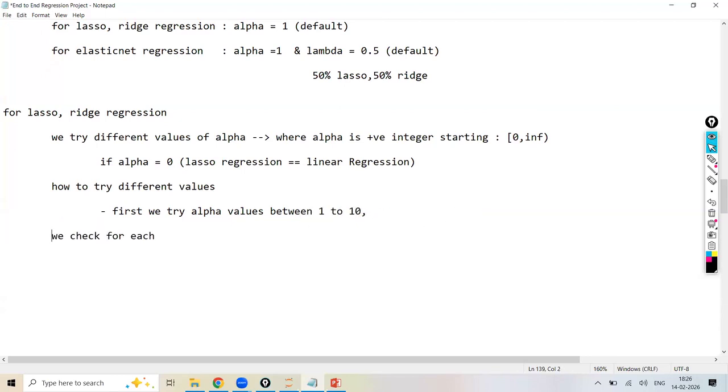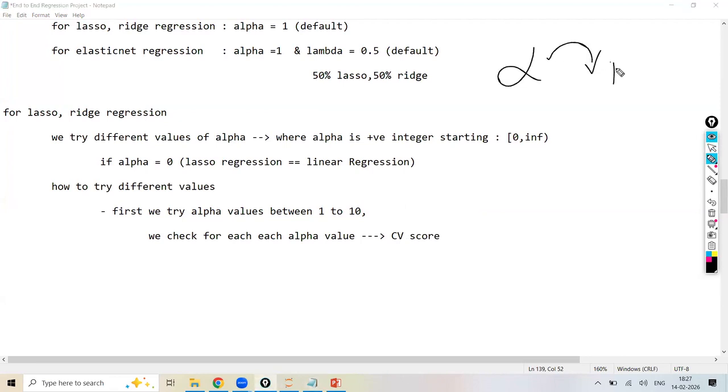After trying them from 1 to 10, we check for each alpha value what the CV score is. So based on the alpha, what changes? Beta 1 changes. Based on beta 1, what changes?